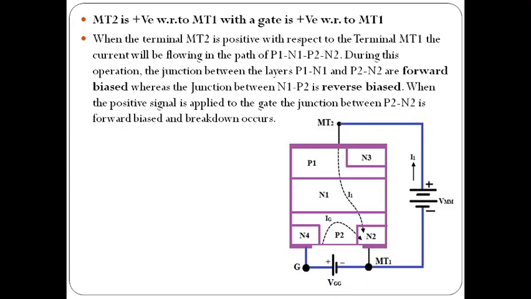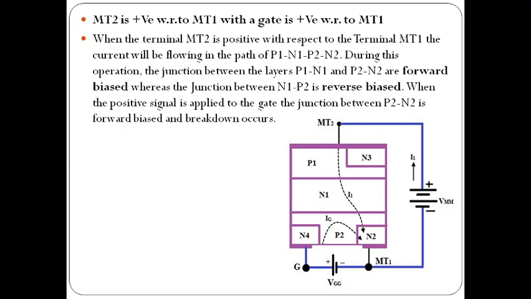In this operation, the P1 N1 junction becomes forward biased, you can observe in this diagram, and P2 N2 is also forward biased, but the N1 P2 junction is reverse biased.